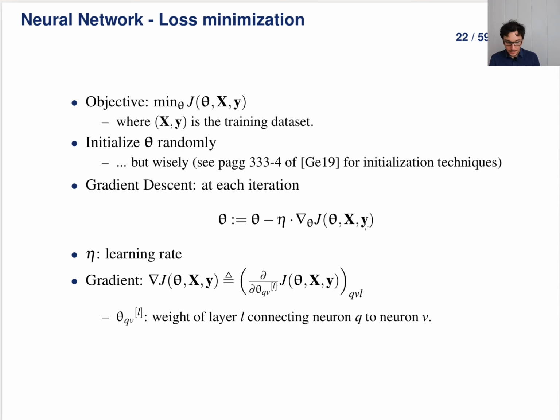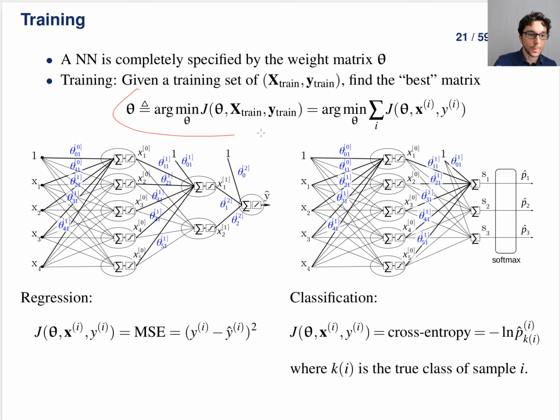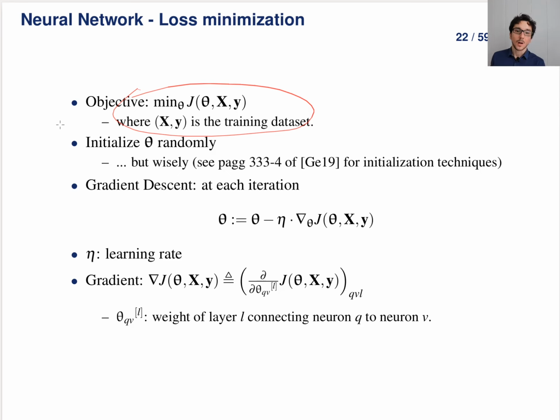So, how can we solve this optimization problem? Well, we use again gradient descent as we did with logistic regression. Gradient descent is an iterative algorithm. First we randomly generate an initialization vector, using specific techniques.